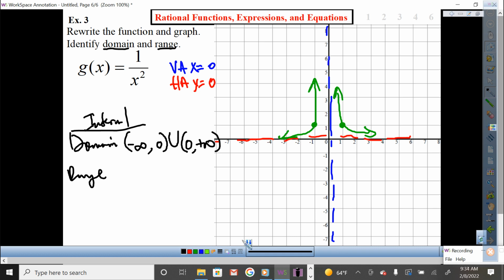I'm going from the bottom. Where do I start? At -7? No. -6? No. Tell me where to start. At 0? Yes. So this would be 0, comma, and it keeps going to what? Positive infinity. Bracket. Is there anything else? No, that's it. That's the range.